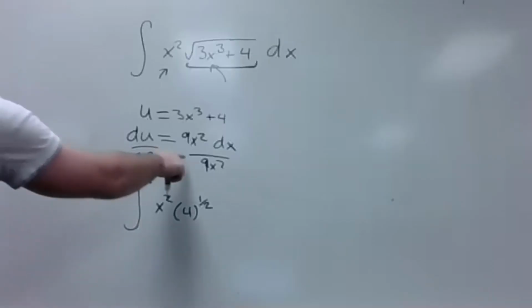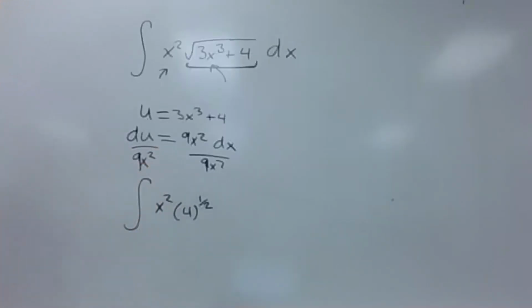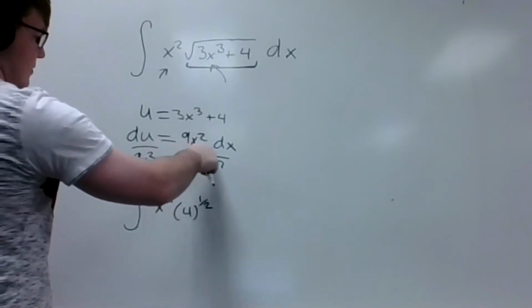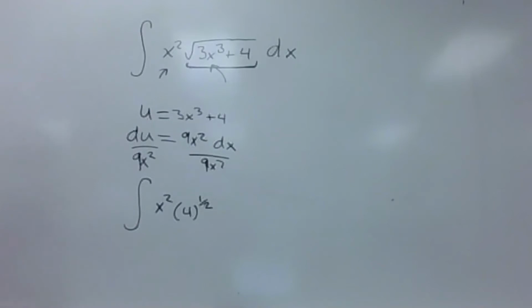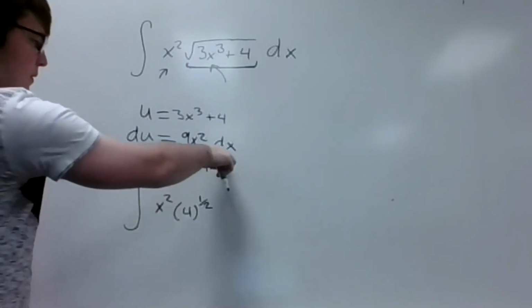Why do we want to divide to get dx by itself? Because for some problems you don't divide. How do we know when to divide it? When you're at this step, du equals 9x squared dx, going from this step to this step, we want to solve for what dx equals.